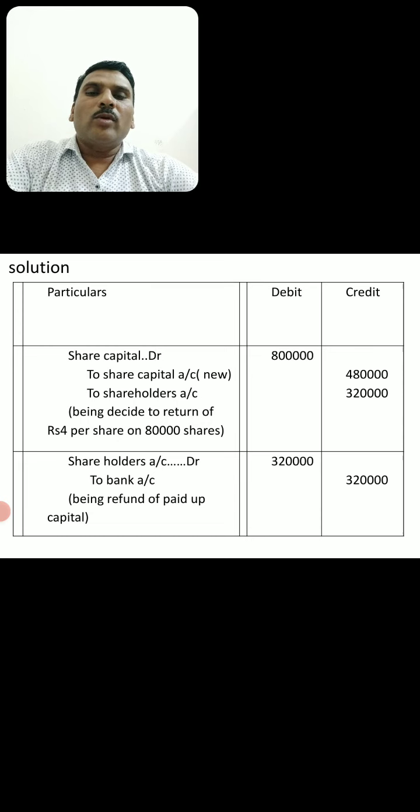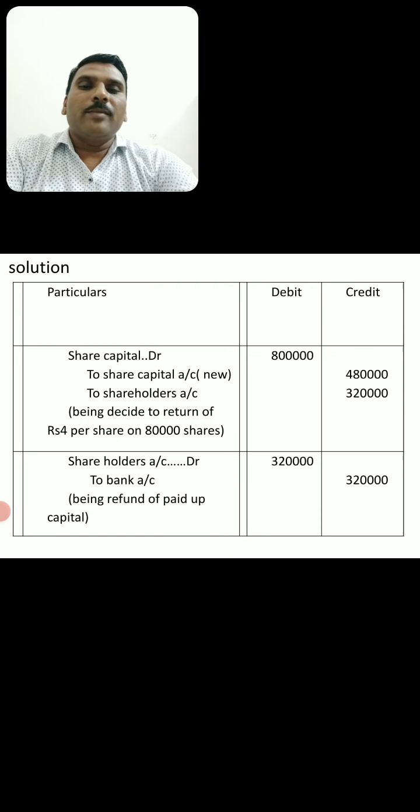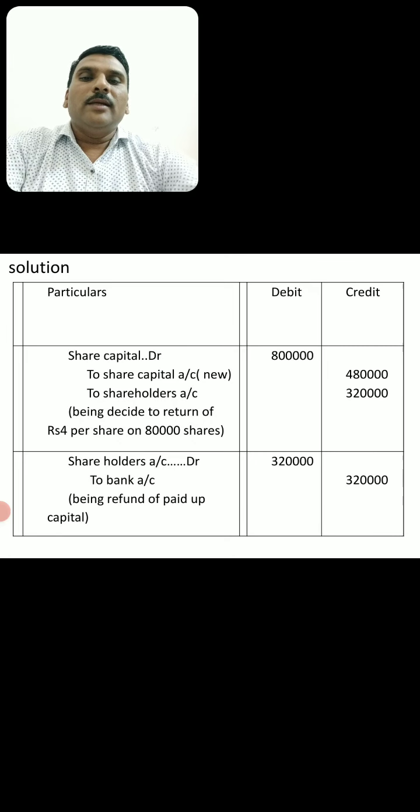Now the excess amount is to be paid to the shareholders. For this the journal entry is shareholders account debited to bank. So here shareholders will receive from the company the excess amount which they paid at the time of purchasing the shares. So like this, the reduction of capital will take place.